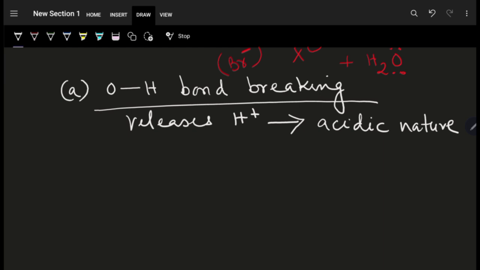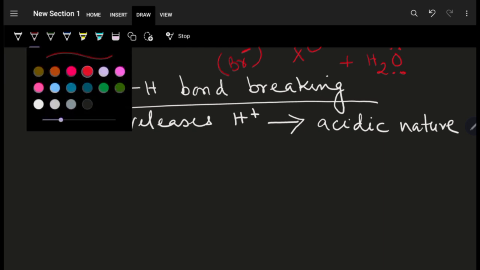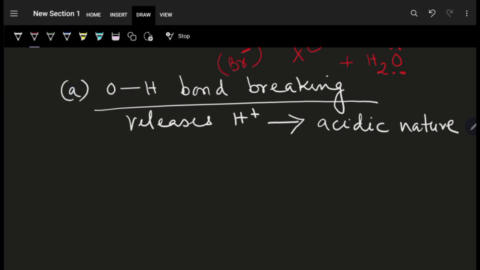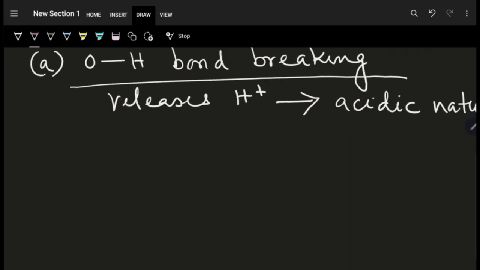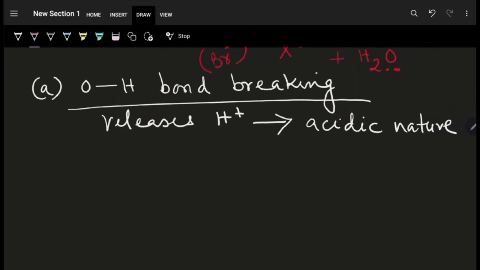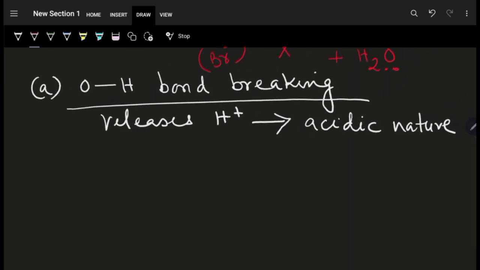Now, can you give evidences to this reaction? Can you say that it actually gives H plus, and in presence of active metals like sodium, it readily releases this H2 gas? It produces H2 gas? Yes, of course.